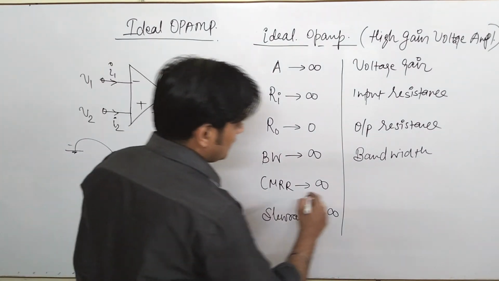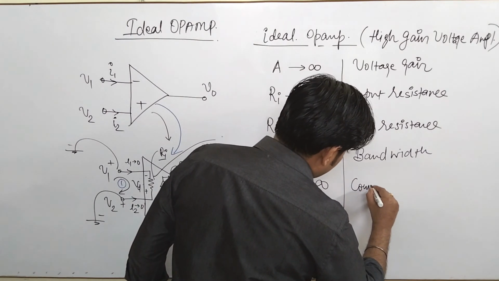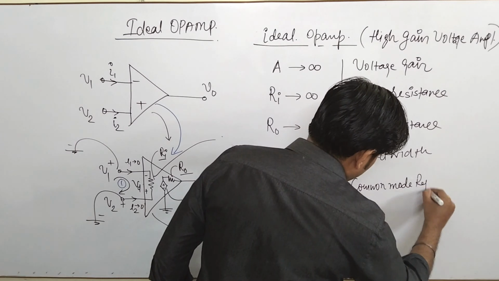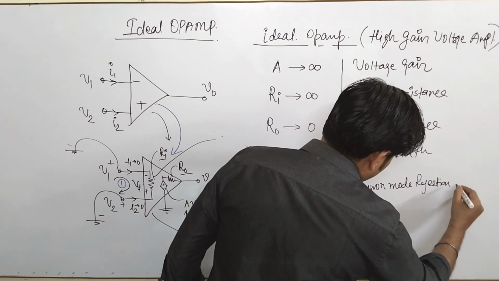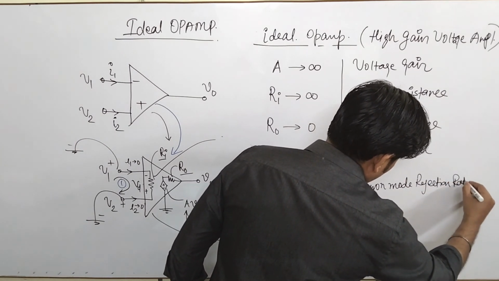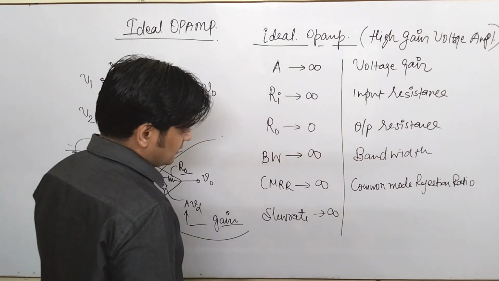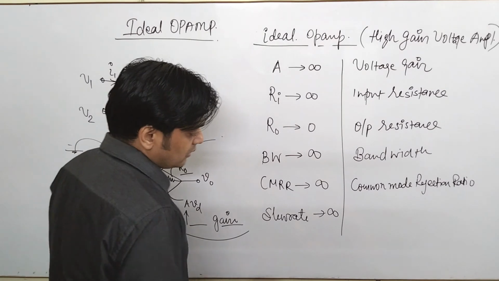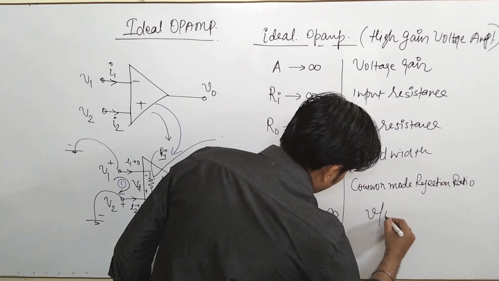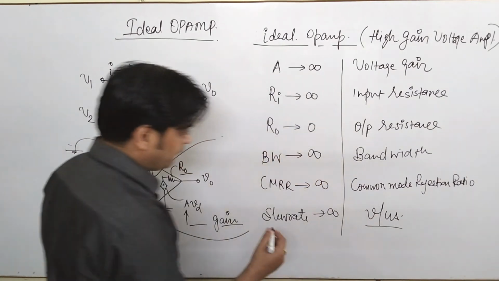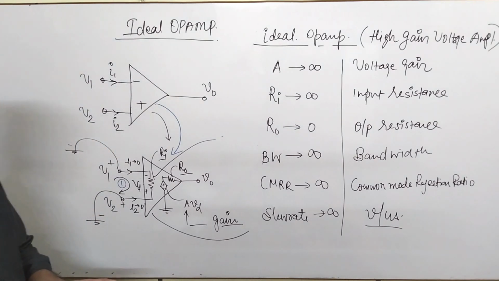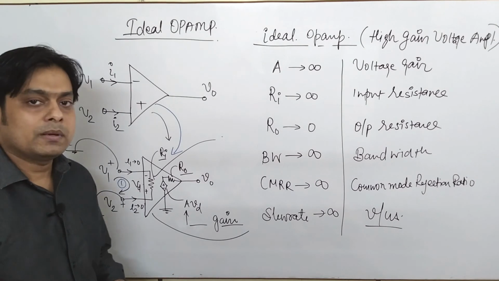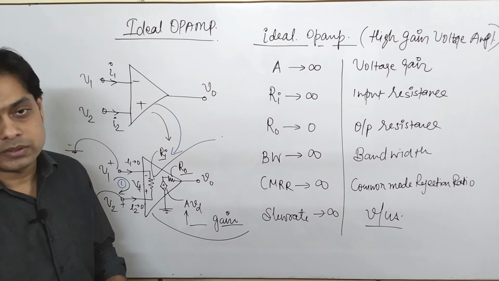CMRR is known as common mode rejection ratio. This we will see later. Sometimes a problem used to come on it. And this is known as slew rate, measured in volt per microsecond. Just for understanding, slew rate defines the property of an OPAMP, how effectively the OPAMP responds at the output.